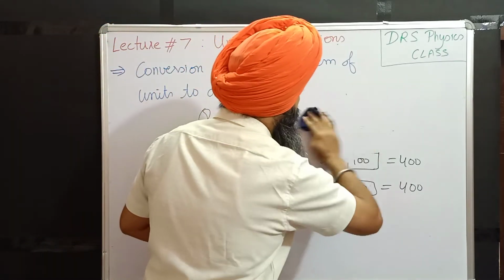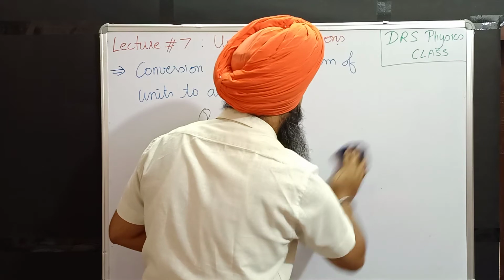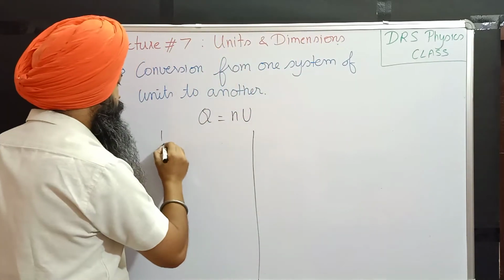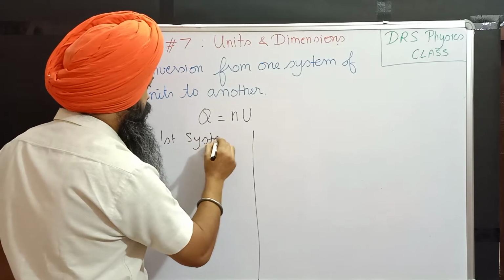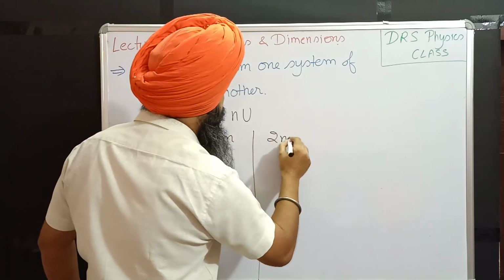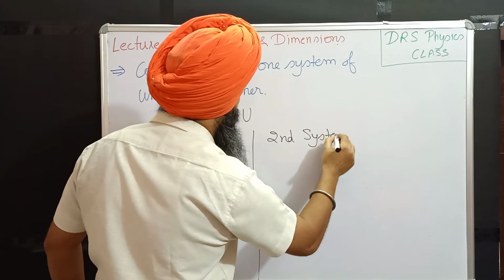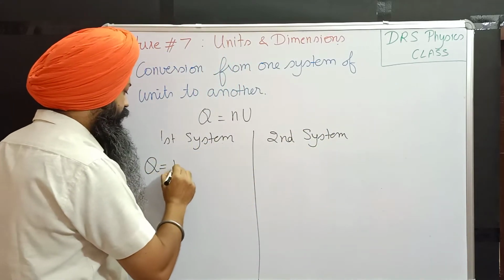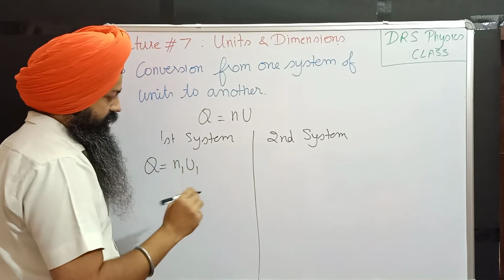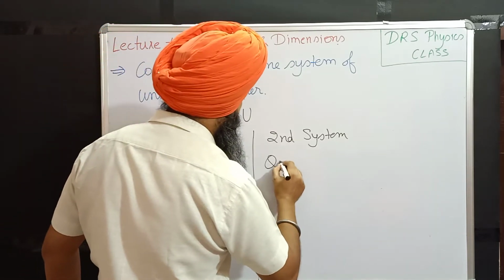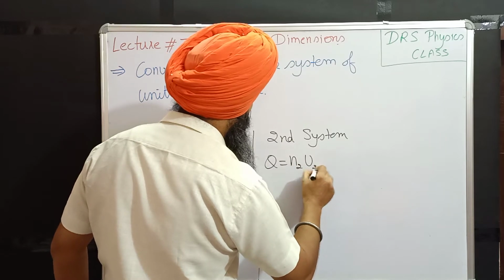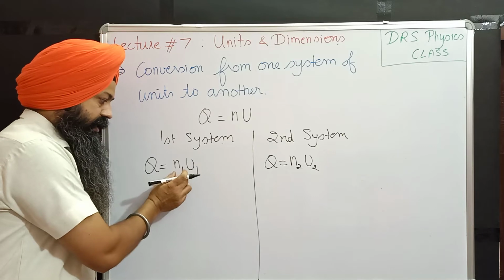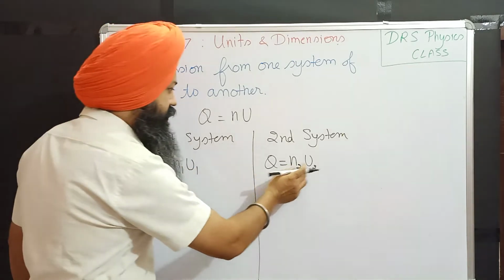Let us suppose there are two systems of units, this is the first system and this one is the second system. According to me the value is N1 U1, and the same quantity is expressed there as N2 U2. These are numerical values, 1 in the first system and 2 in the second system.